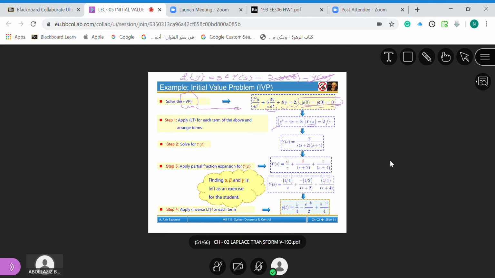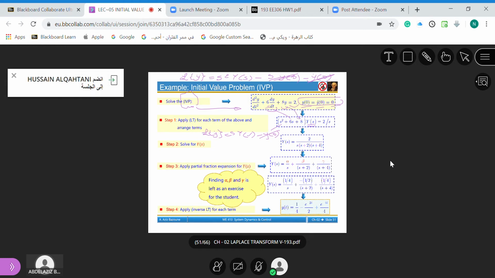Plus 6 is here, dy over dt. The Laplace transform of the first derivative is simply s Y of s minus y of 0. y of 0 is 0, so we will end up having just s Y of s. That's why we have 6 s Y of s. The Laplace transform of 8y is simply 8 times Y of s.